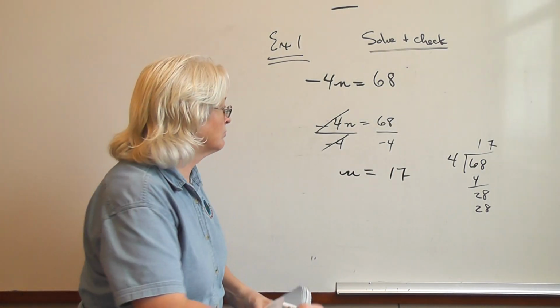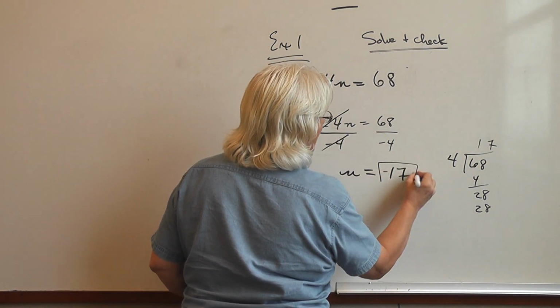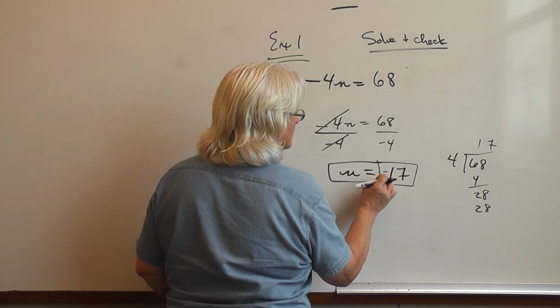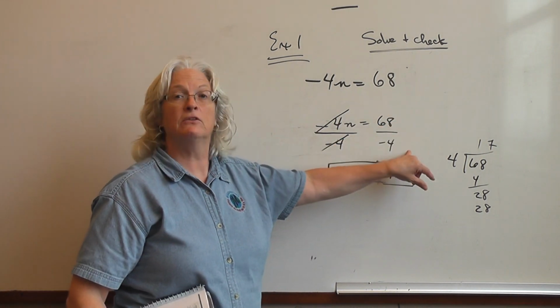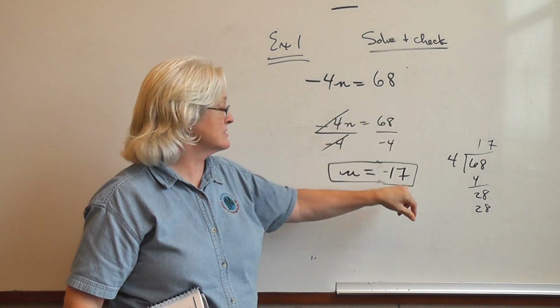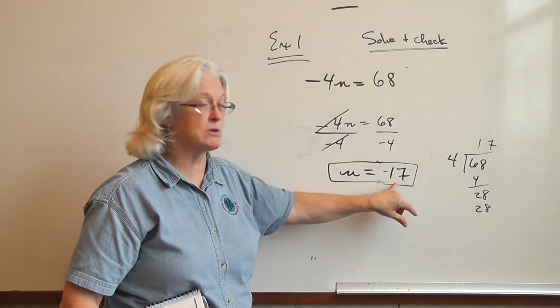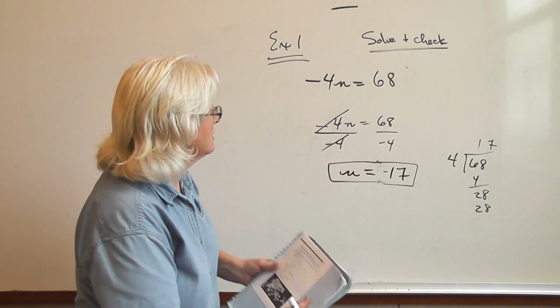And then you remember your rule that says that if you have a dividend and a divisor that have opposite signs, dividend and divisor have different signs or opposite signs, that quotient or that resulting answer is always going to be negative. So now, how are we going to check this?